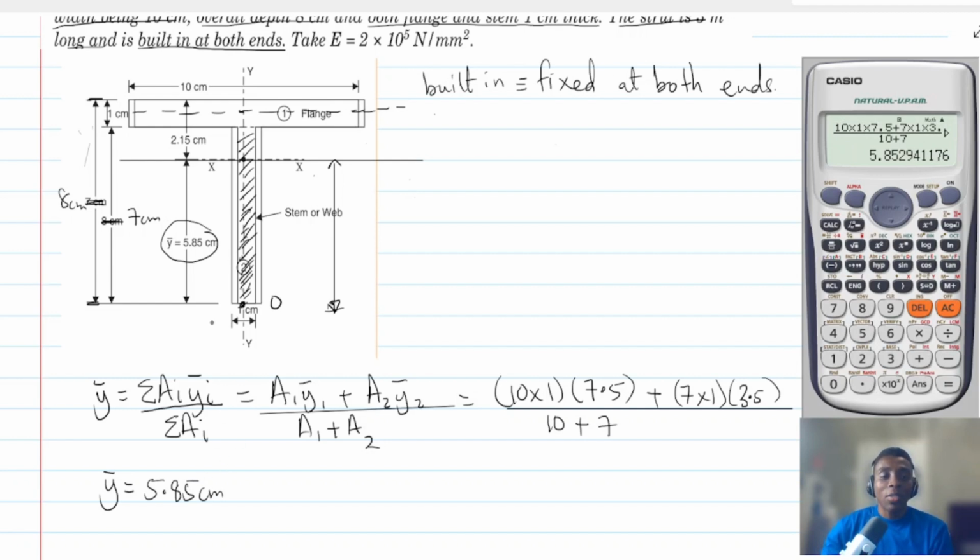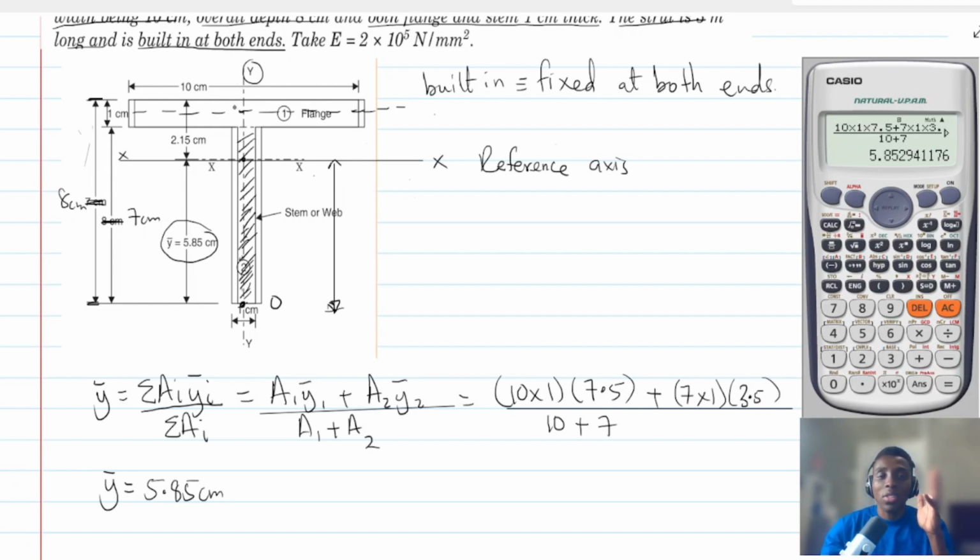Now that we have gotten this, the next step is that we know that this is our x bar, the centroidal, how do I put it? So this is actually the reference axis which we are going to use for our calculations, but the y is still passing through, so we will use that one.